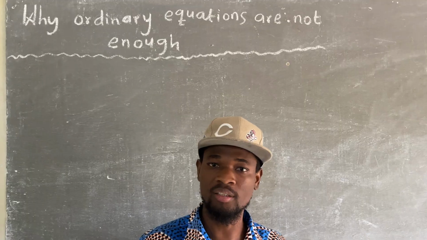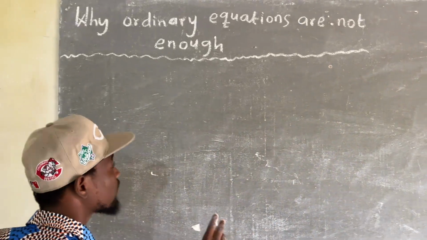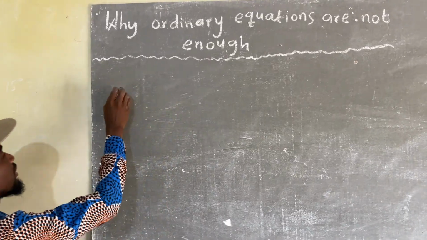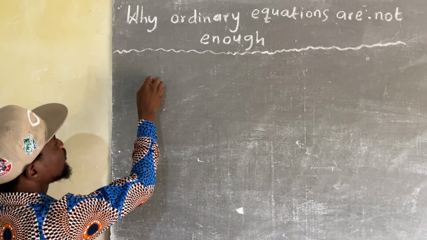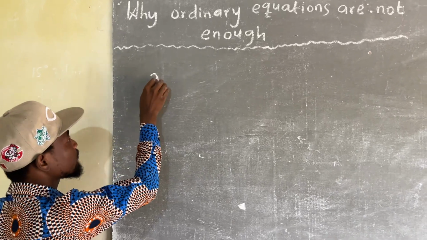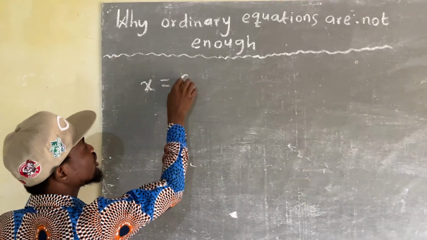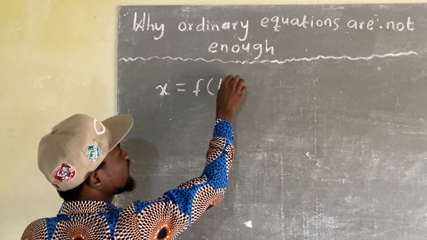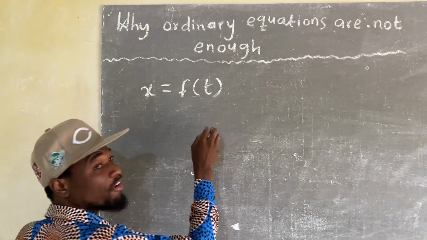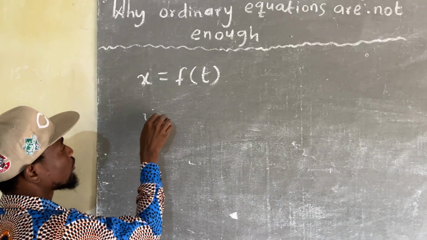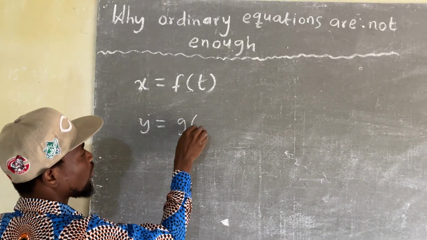Now, before I proceed, we already know parametric equations have this form: you have x expressed as a function of t, and you have another function, say y, which is also equal to a function, say g of t.